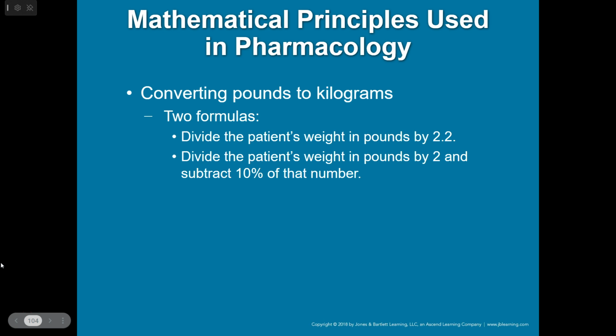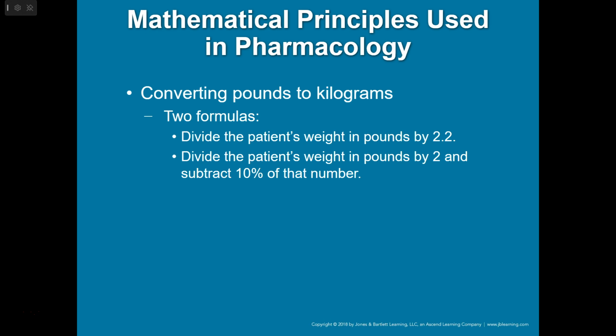Another way we can do that is divide the patient's weight in pounds by 2 and subtract 10%. So we've got 220 pounds, divide it in half, get 110, and subtract 10%, which would be 11. There we go, 100 kilograms. The way I do it personally is I divide the patient's weight in half and then subtract 10%.